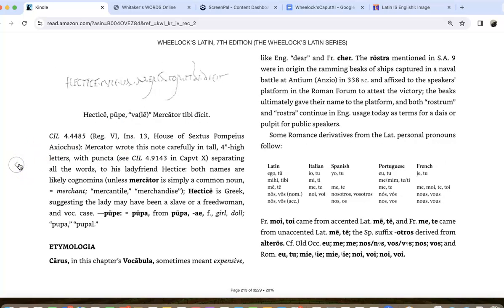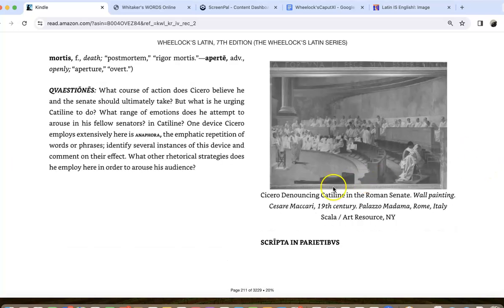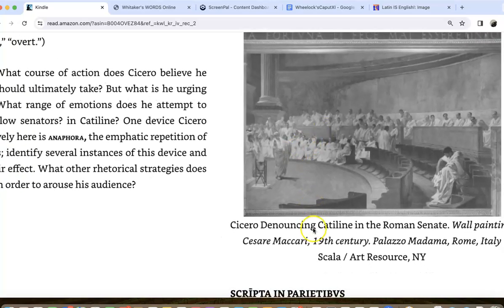Let's take a look at the longer passage. The longer passage is very famous in Latin literature. In fact, it's been represented in art many, many times. So here you can see in your book, this is an artist rendering in the 19th century of Cicero right there, calling out and shaming Catiline for his lack of virtue. There are the other senators, and Catiline was trying to undermine the authority of the Senate by corrupting the Republic in Rome.